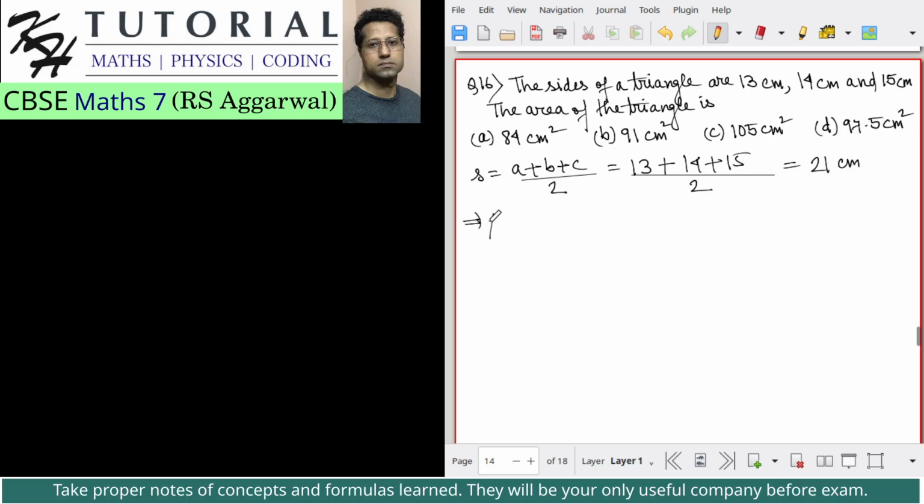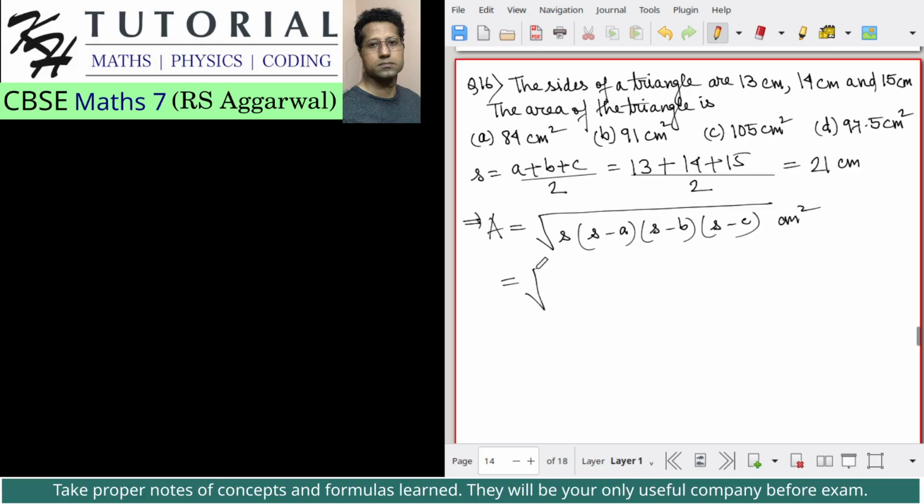So now the area of a triangle using Heron's formula is the square root of s, which is the semi-perimeter, multiplied by (s minus a) multiplied by (s minus b) multiplied by (s minus c), this much centimeter square.